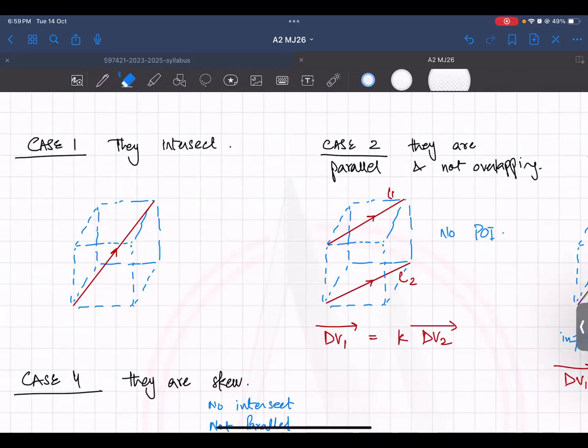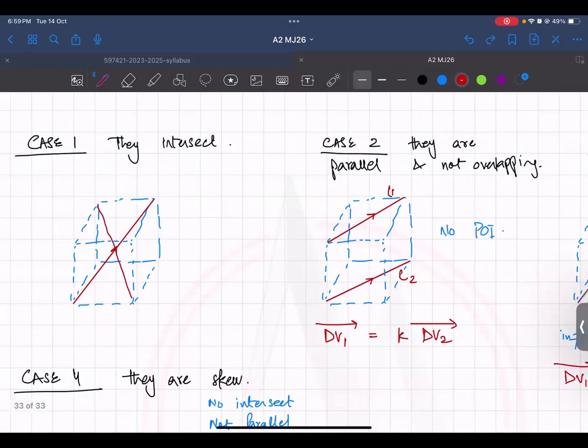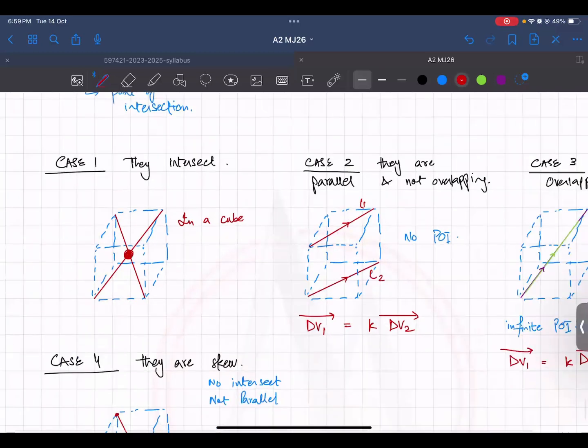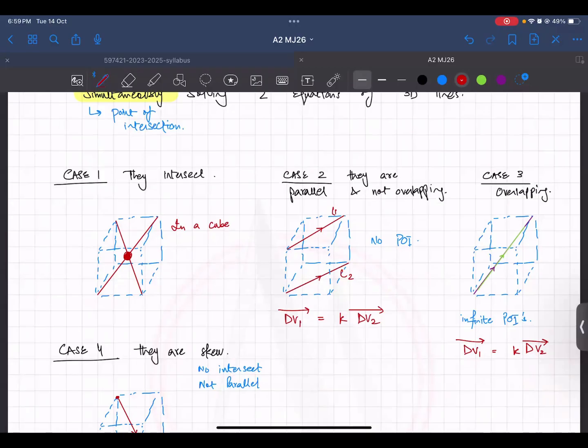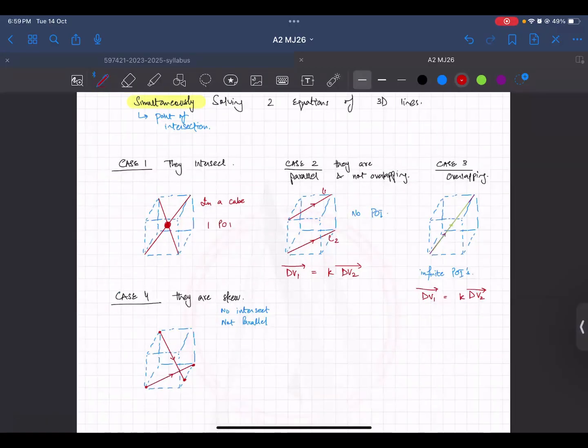If this is a cuboid, sorry, a cube, something like that, and from one corner to this corner, there would be a point of intersection. In a cube, you have the three dimensions x, y, and z, and you're just joining the corners together, and you will definitely have a point of intersection. So this is one point of intersection. Any questions? All good.